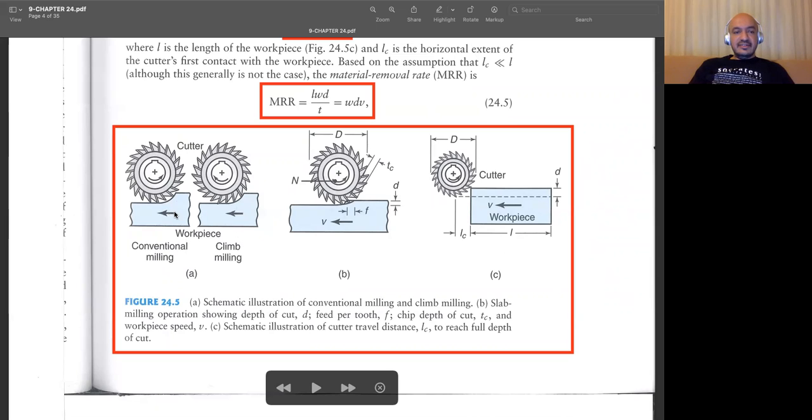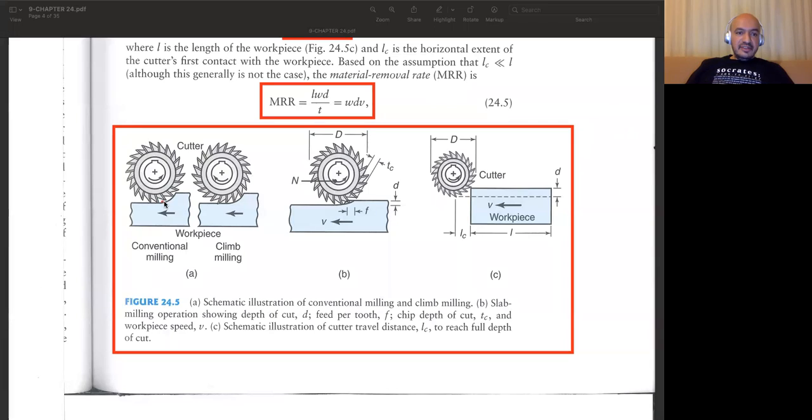And other difference is in terms of the chip thickness. Now let me try to annotate it for you. So if you look at here, at the beginning of the process, we have a very thin chip generated, but it gets larger as this part is removed from the workpiece. On the other hand, if you look at climb milling, at the beginning of the operation, we have a thicker chip, but once it's being finalized, finished, then we have the thickness of this chip reduced.